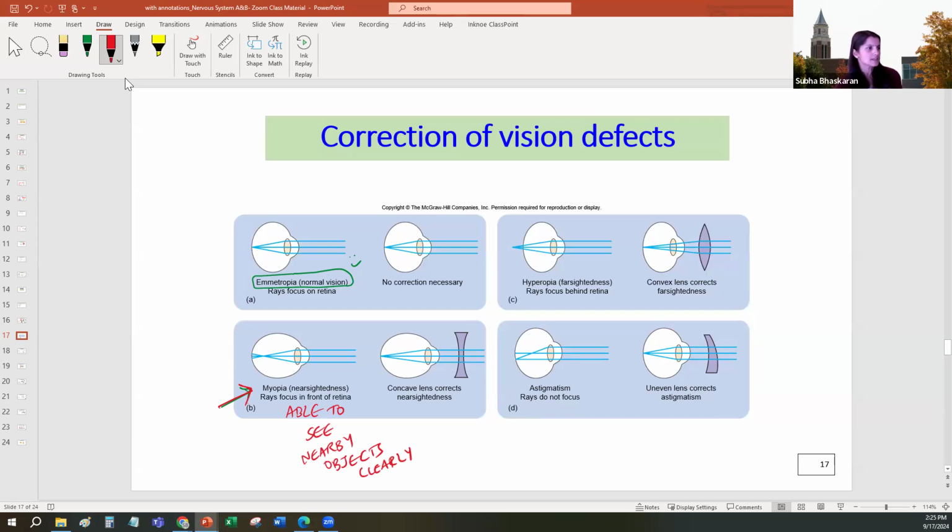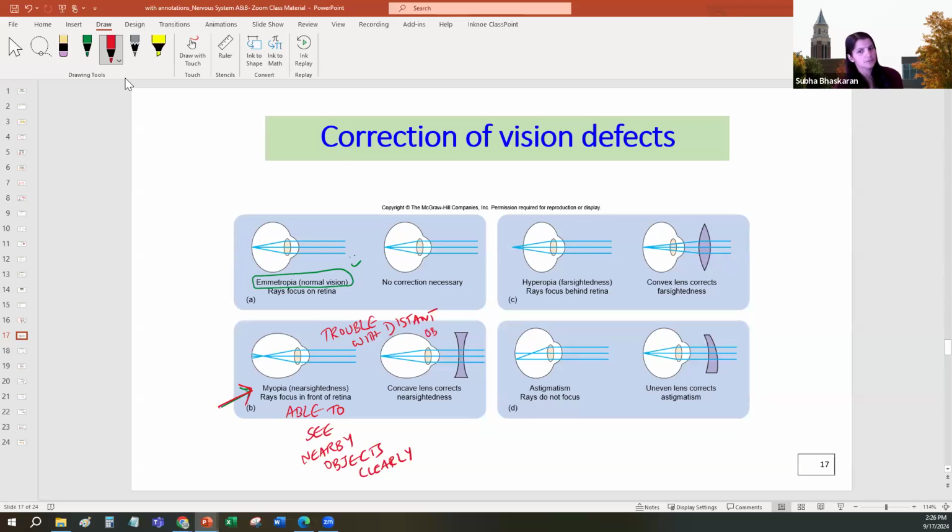The trouble here is myopic eyes have difficulty focusing on far away objects, distant objects, which means what are their lens not doing? They are not becoming flat or concave, right? So this myopia is trouble with distant objects. Got it?